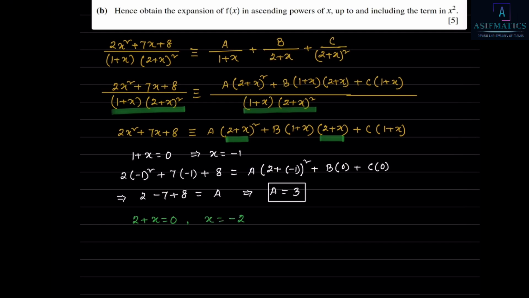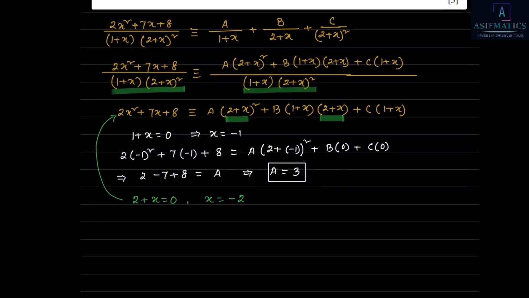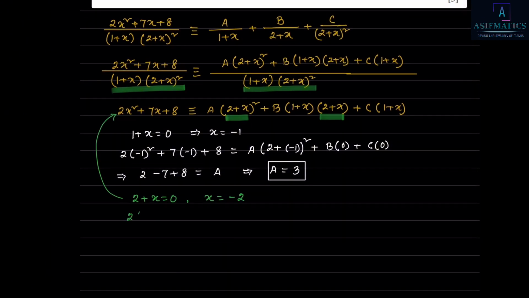Then put this value in our main equation. We get 2(minus 2) squared plus 7 times minus 2 plus 8 equals a times 0 plus b times 0 plus c(1 plus minus 2).